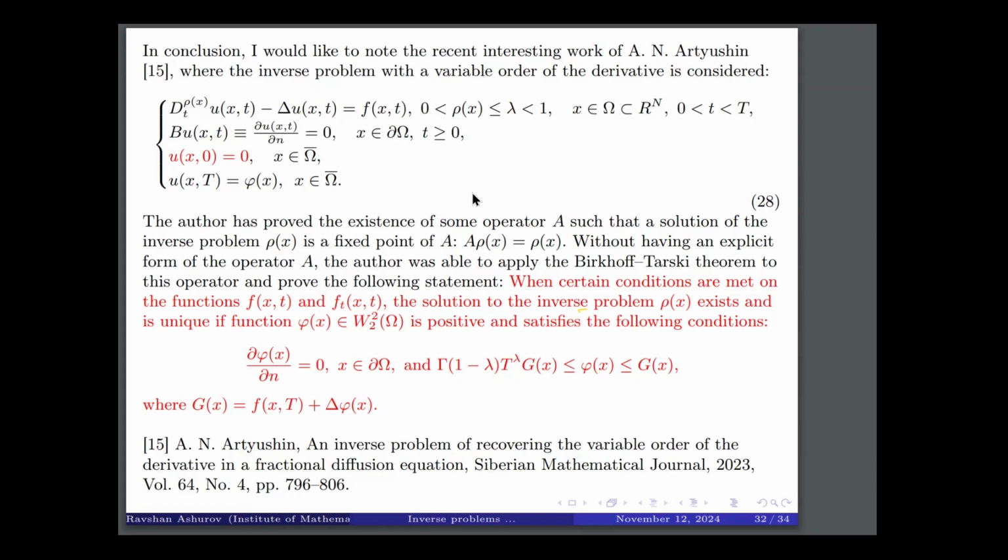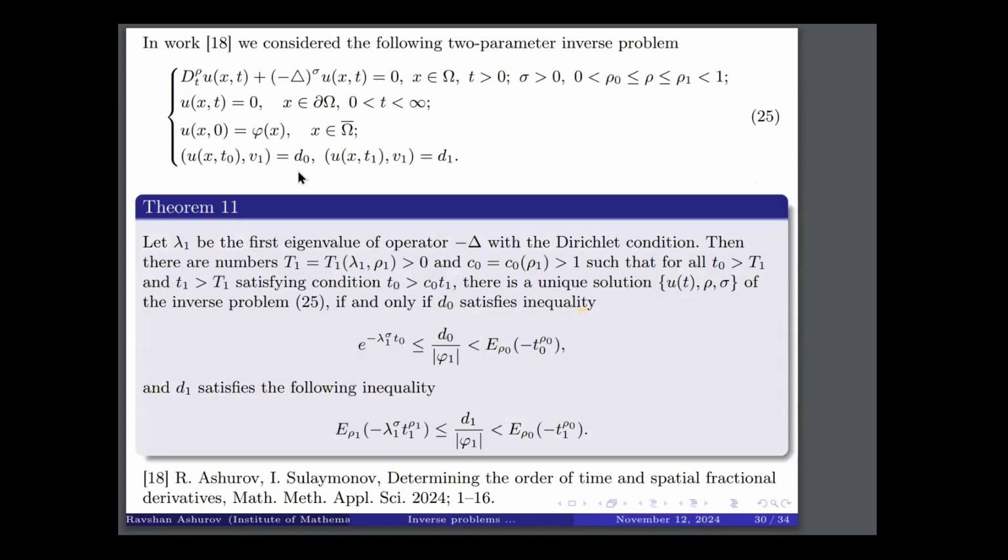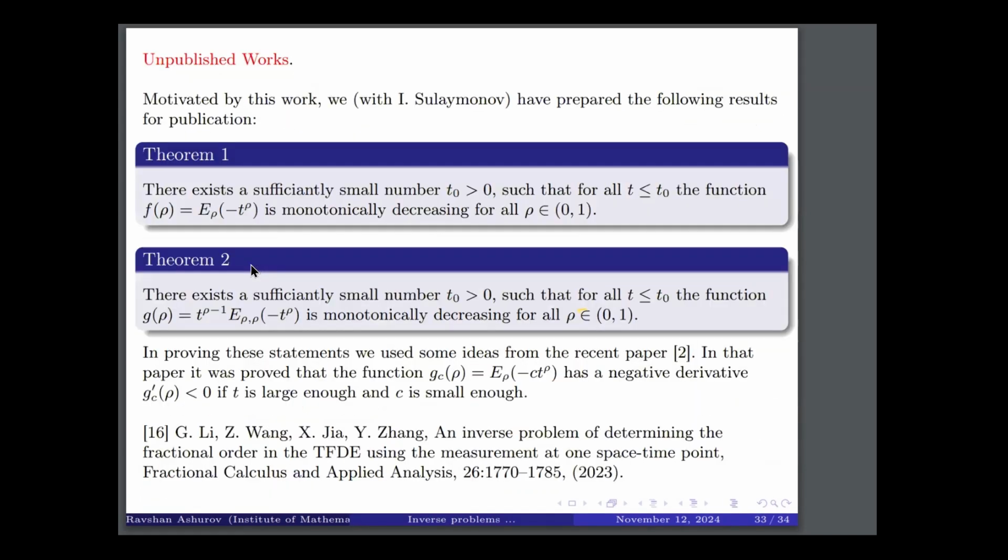Well, now, you see, from here you can notice that t must be small enough in this paper. But in our case, where we give the overdetermination condition, t was large enough. That's why we were motivated by this paper.